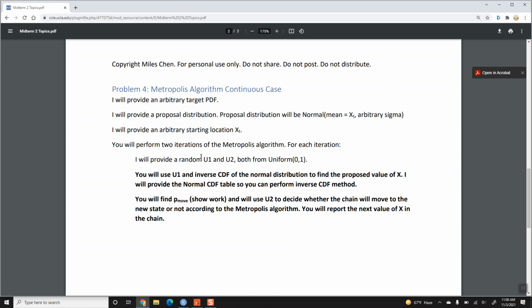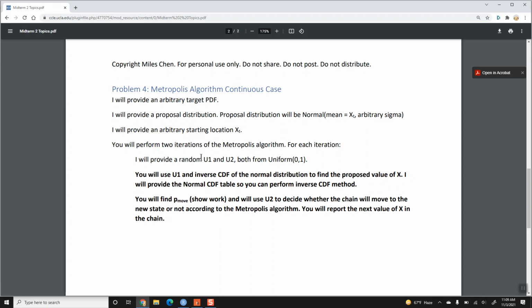And I will provide a standard normal CDF table, and you will use that to perform the inverse CDF method. Does that kind of make sense? So if your U1 is 0.5, your proposed location is going to be x at time t, right?